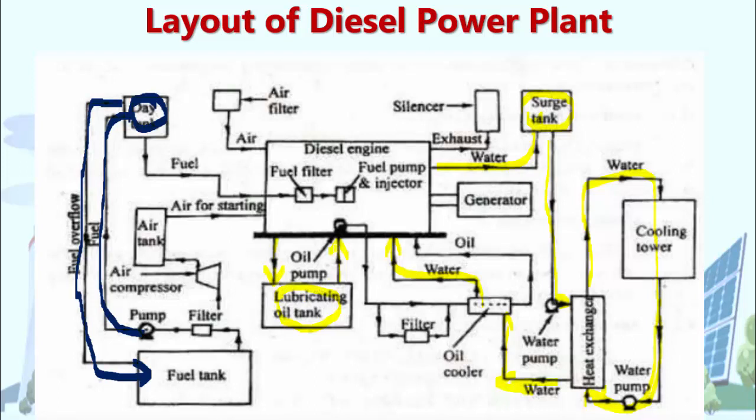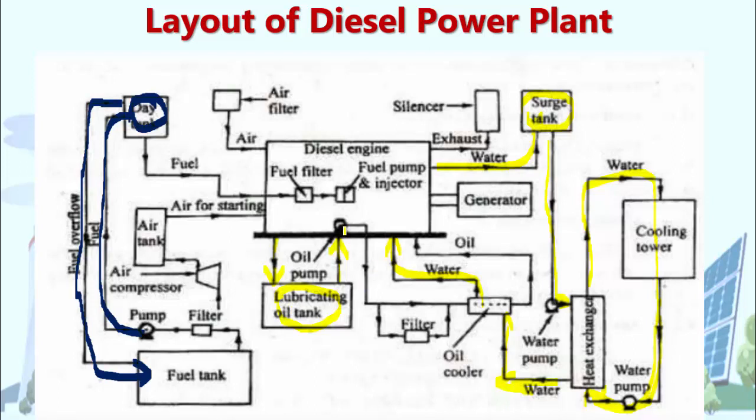Once this lubricating oil gets into the diesel engine, it also gets heated because of the heat produced during the combustion, right? This lubricating oil also has to be cooled in order to maintain its temperature, so that it will maintain its properties, right?